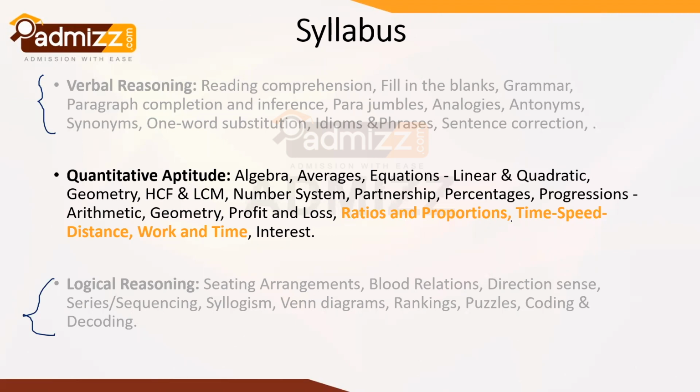And we'll be discussing that over the course of the next 4 to 5 days. All right, so let's start with the first topic of today's discussion, which is ratios and proportions.